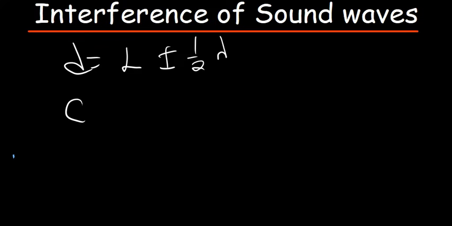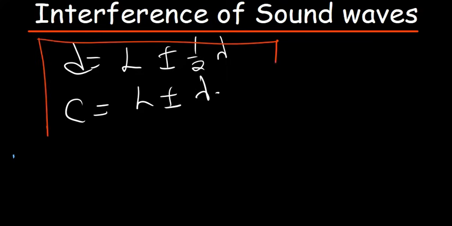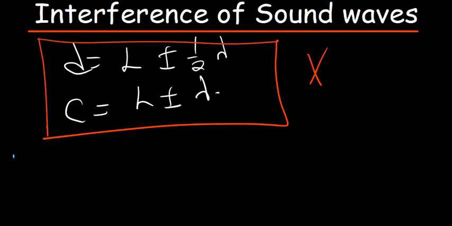Then for a constructive interference to occur, the original length must differ by plus or minus just a wavelength. This is very, very important. The only thing you need to know here is that for a constructive interference to occur, the original length must differ by a wavelength. Then for a destructive interference to occur, the original length must differ by plus or minus half the wavelength.